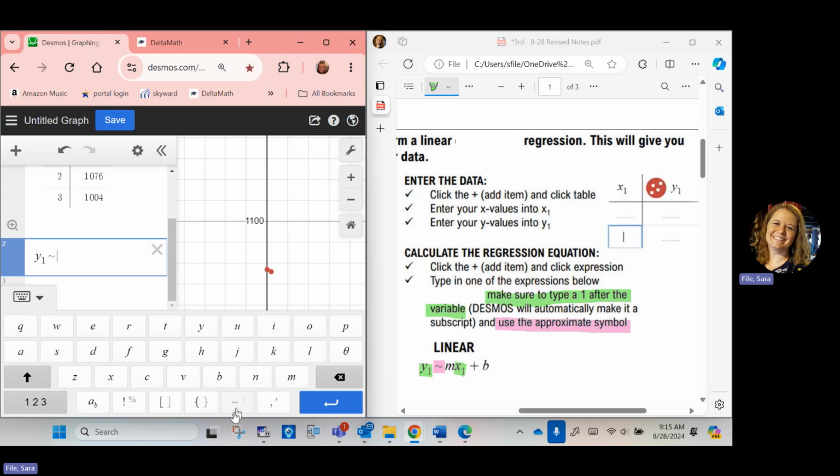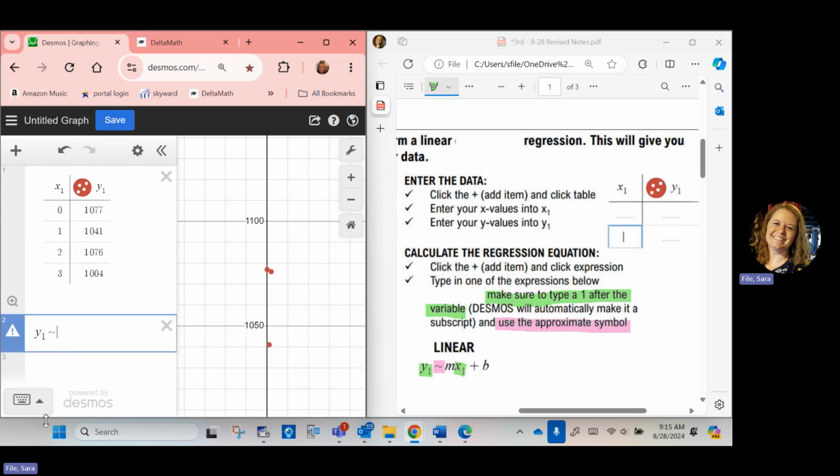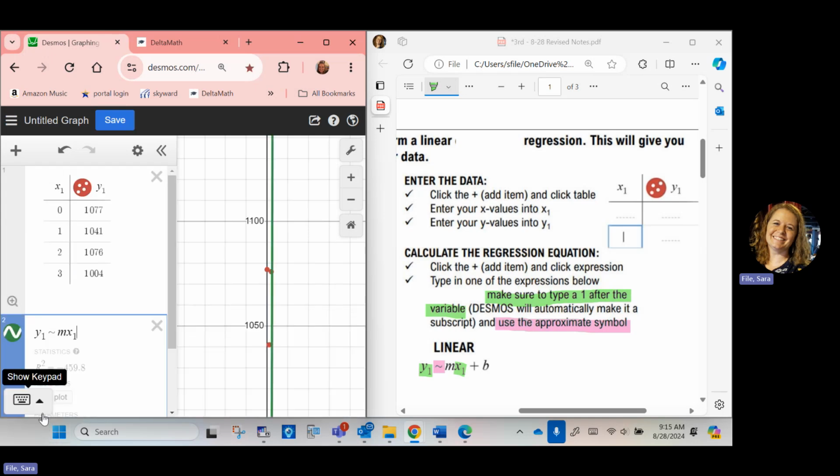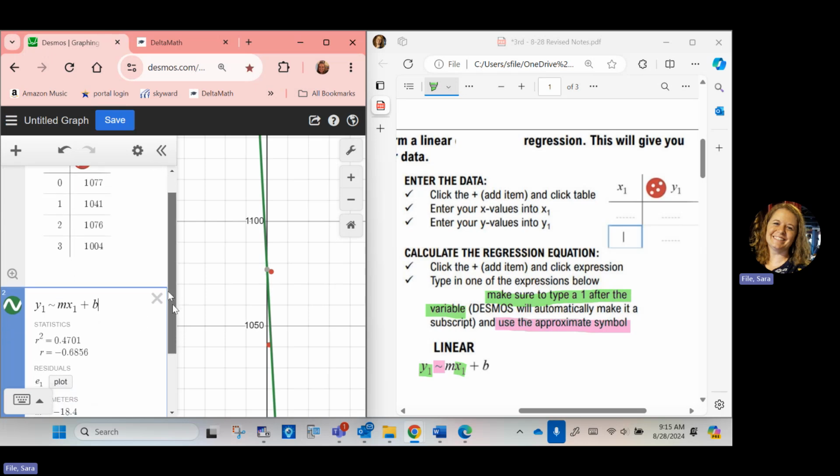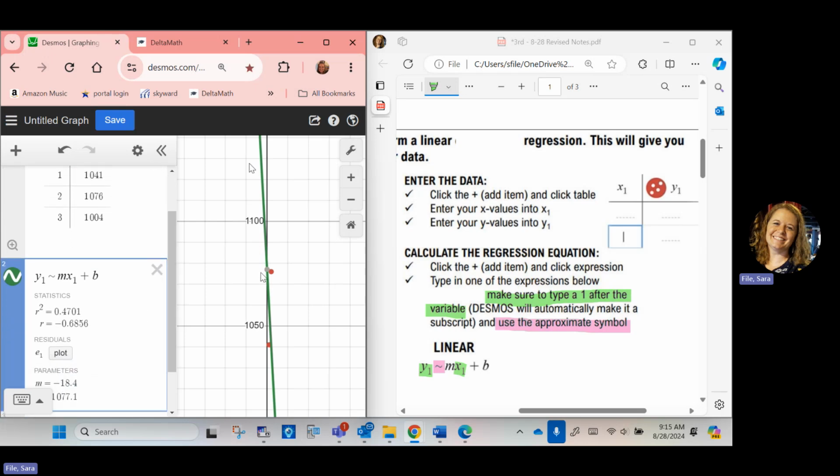If you click there, you'll get that tilde symbol. Then I'm going to go back and type in M and then X1 and then plus B, because that is linear. So that's the form I want. And it has automatically graphed that line of best fit through our scatter plot.